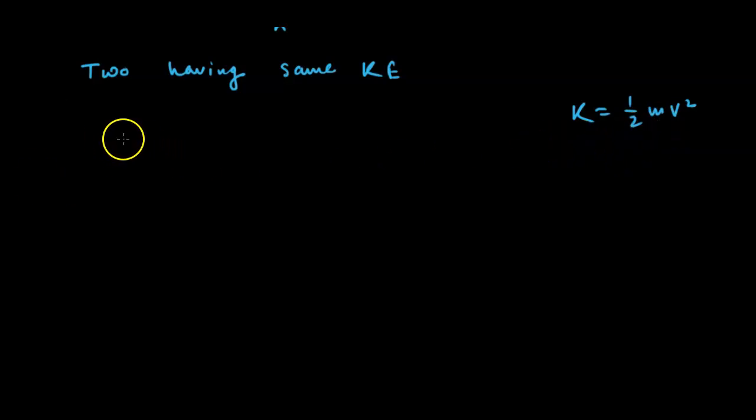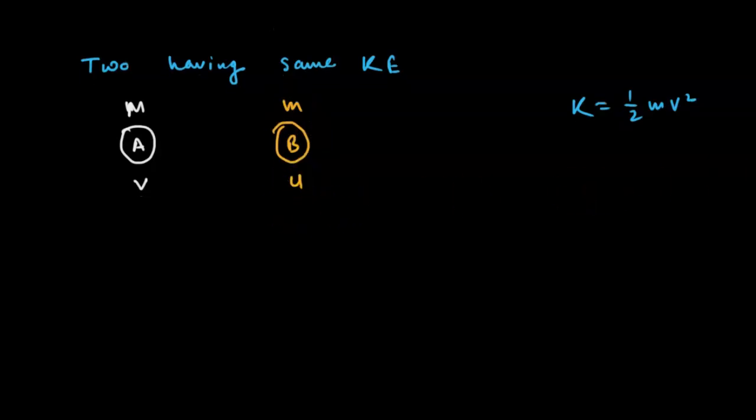We are considering this is the body A, having mass capital M, and the velocity of this body is v. Another body we will take, which is B, and the mass of this is small m and the velocity is u.